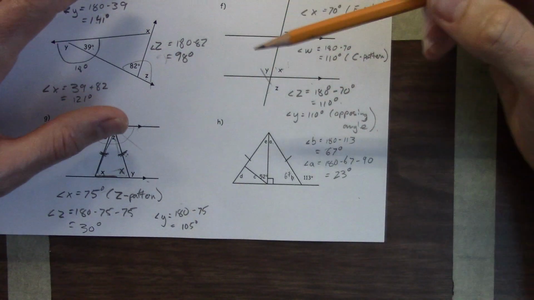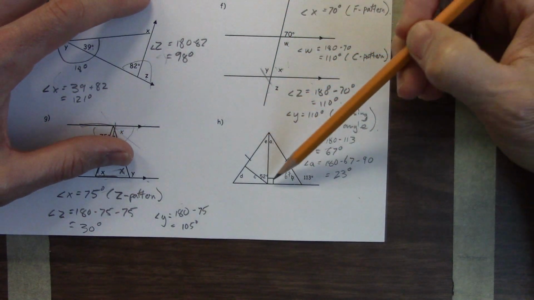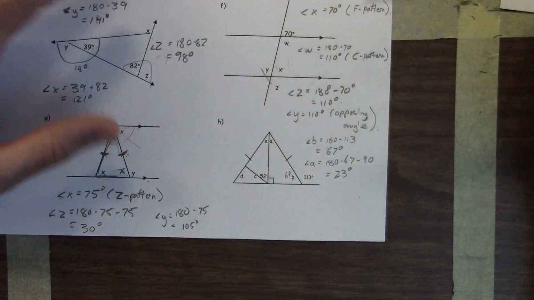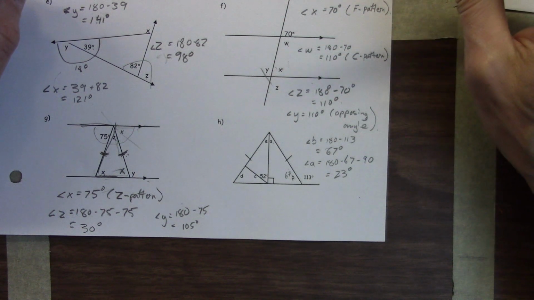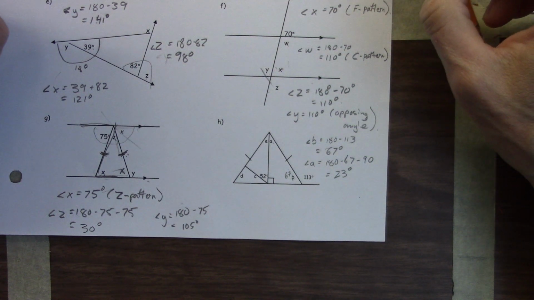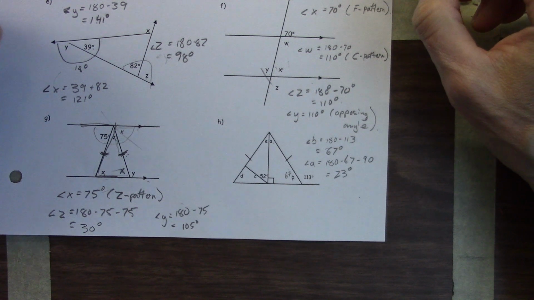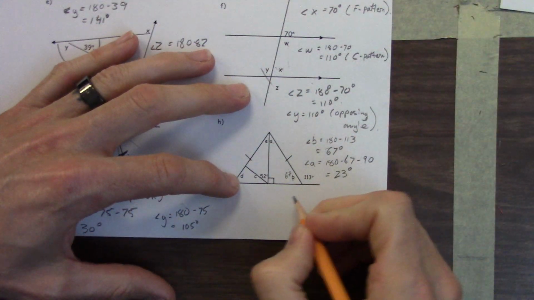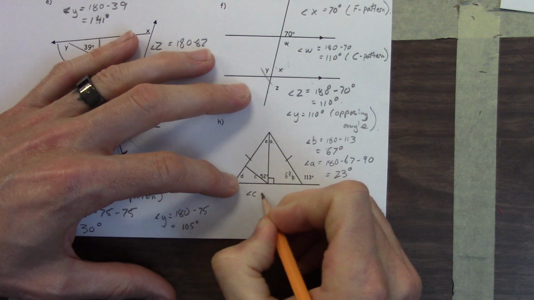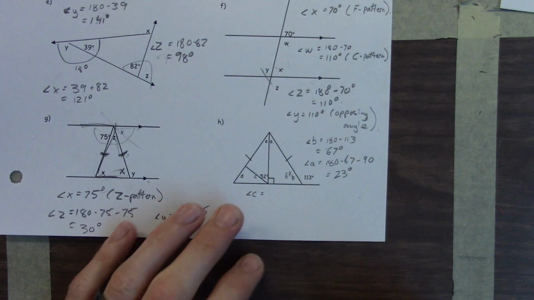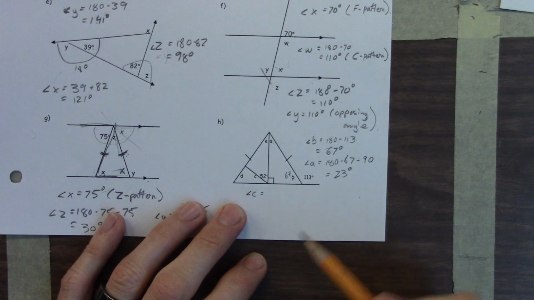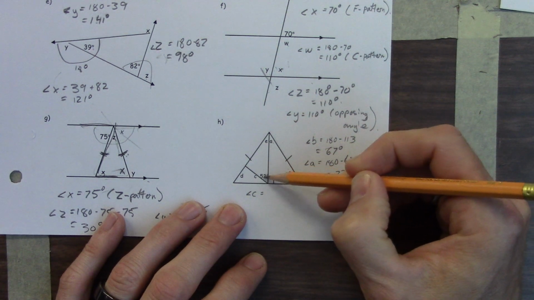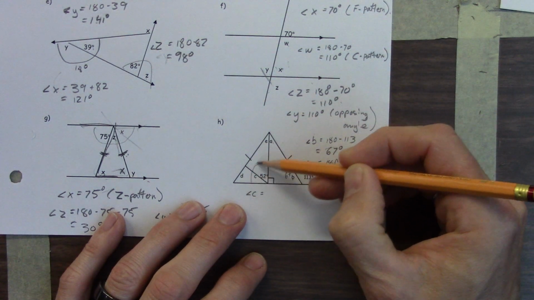Jaden, can you try to figure out, let's see which one I would go with, C. Say it again. 180 minus 52? No, not 180, because 52 is with it, but it's only in this angle.